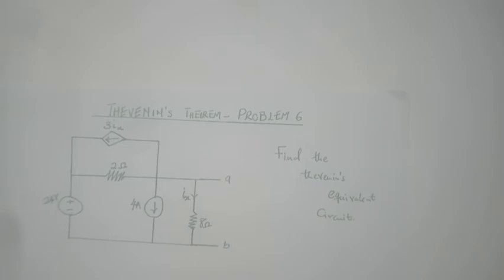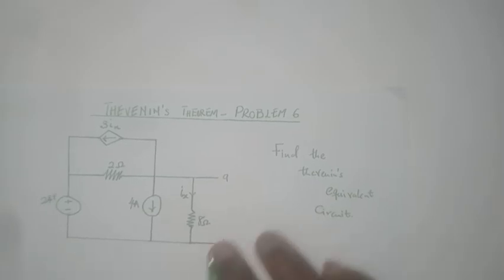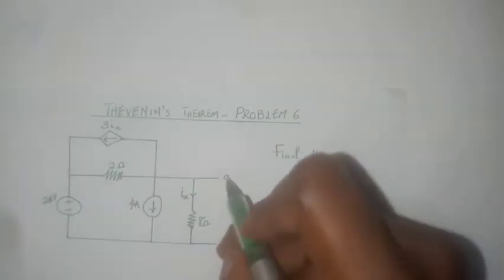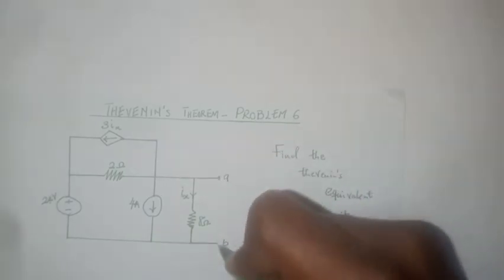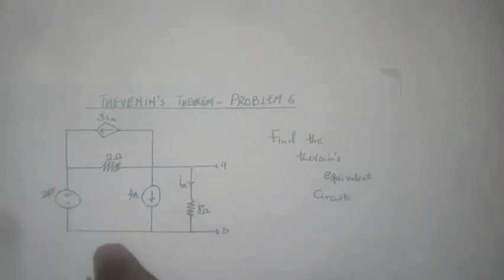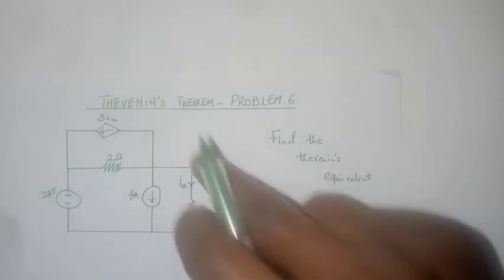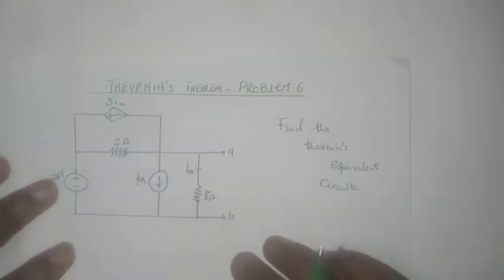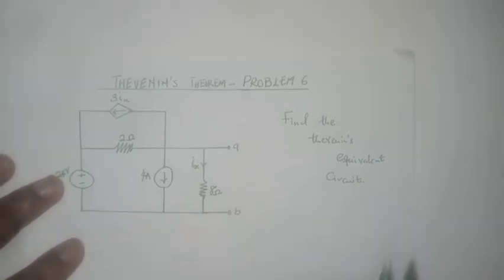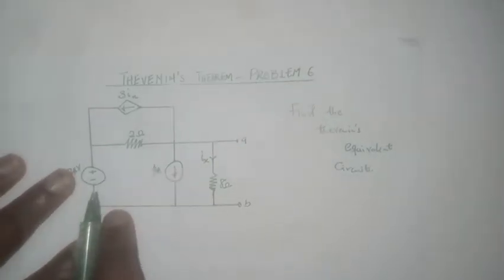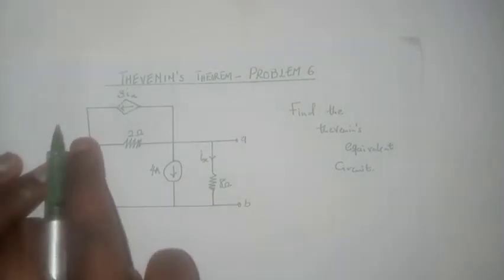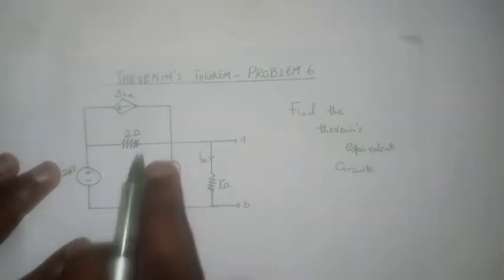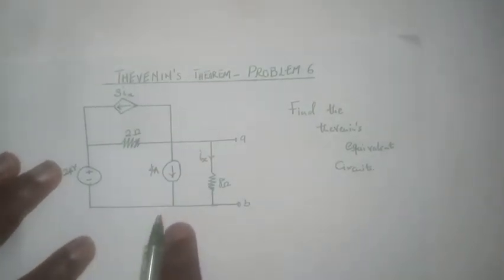To do that, the first thing we do is detach the resistors from the terminals, which has already been done for us. The next thing is we find the currents and voltages in the circuit, and we can easily do that for this circuit by using nodal analysis. So we have 3 nodes: node 1, node 2, and node 3.